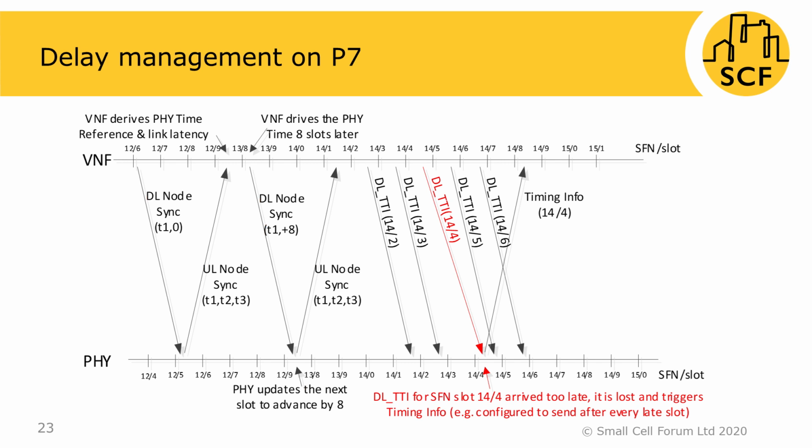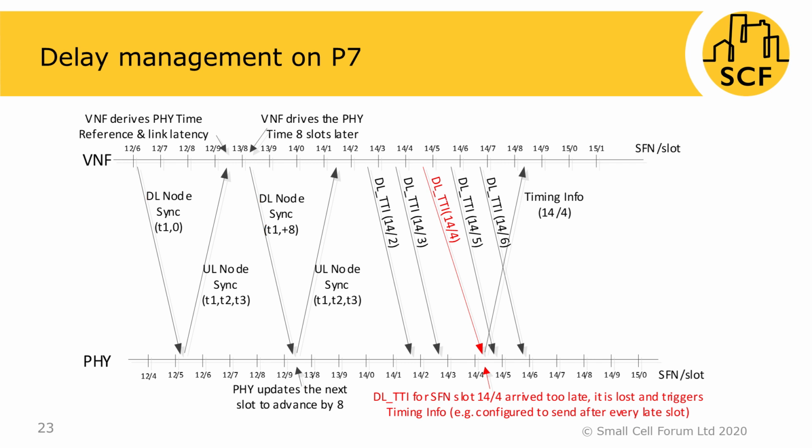In this particular case, we illustrate a case where a downlink message, downlink_TTI, is received at the FI after its intended receive window. It's targeted towards SFN 14 slot 4, but it is received after the occurrence of SFN 14 slot 4 at the FI.